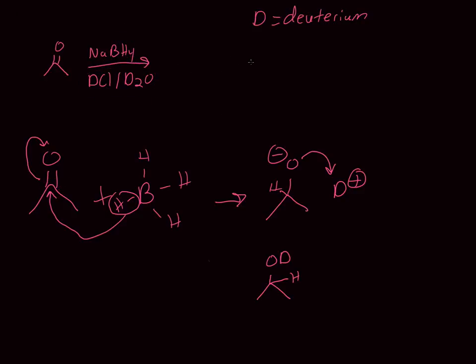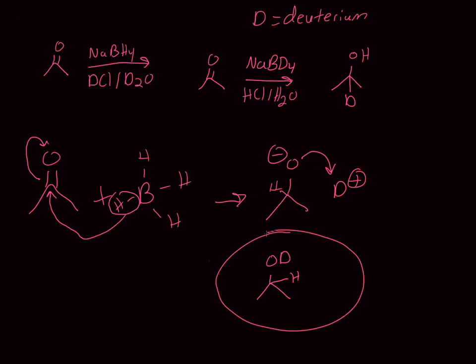So we could have done something completely different where we had the ketone reacting with sodium BD4 and HCl H2O to get something that looks like this, with our deuterium going on this carbon. But for this example, our deuterium protonated the oxygen right here.